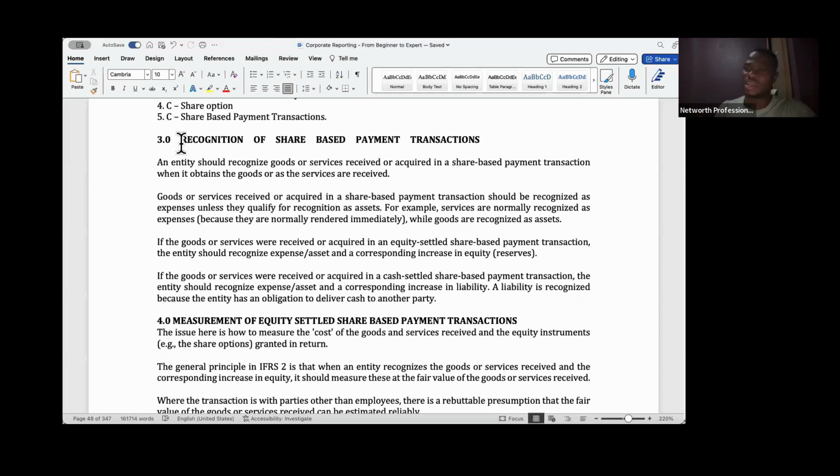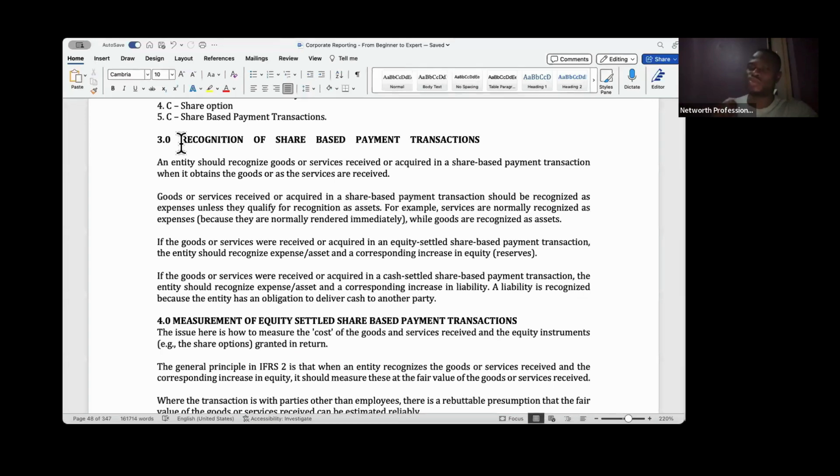And the credit side is now equity reserve or option reserve, right? It should be a reserve because what they want to do is to give equity instrument. However, I explained to you that if what the entity is giving is shares, they won't credit reserve, they will credit share capital immediately.